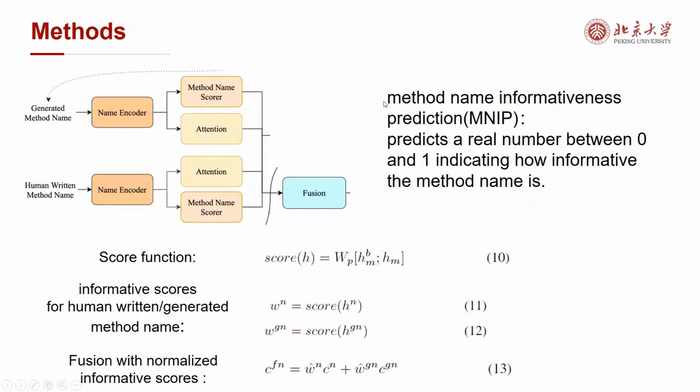Then we design another task which is called method name informativeness prediction. This one calculates the informativeness ratio, and after this we combine the attention and the method name scalar.